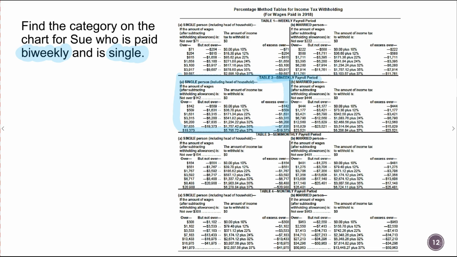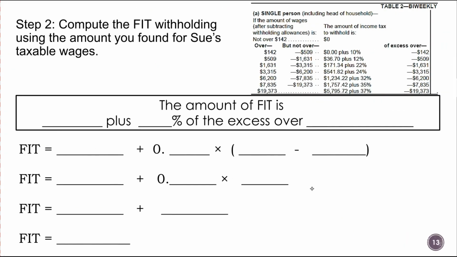All right, so that's the first part of it. We find that portion from the 8 sections on the chart. Where is she listed on that particular one? So she's single, she's paid bi-weekly. And then I have it blown up a little bit more here. Now what we're looking for is the amount of money for her taxable wages, which was $3,180.80.